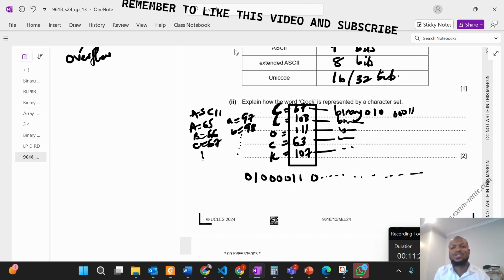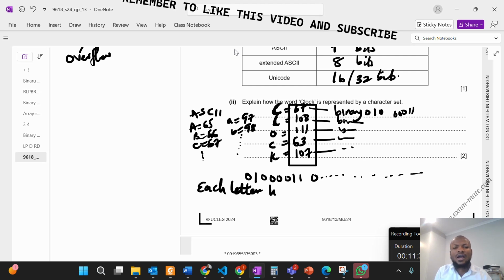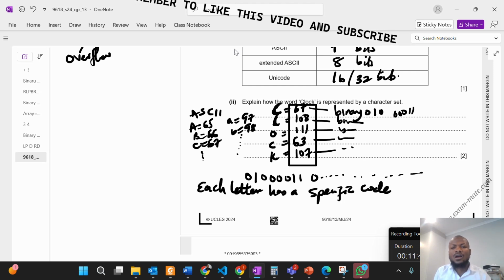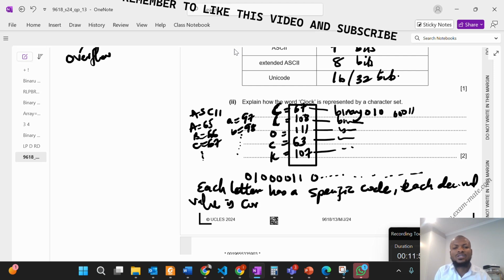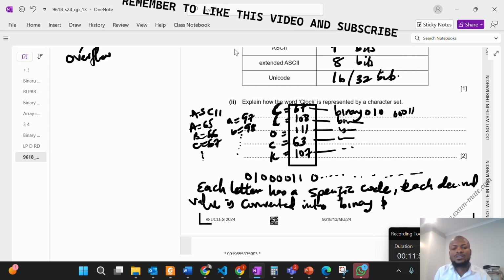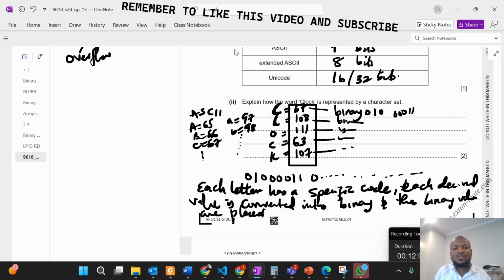In answering this question, the first thing you need to write is that each letter has a specific code, then the decimal value from that code is converted into binary, and the binary values are placed in sequence. I hope this is understood.